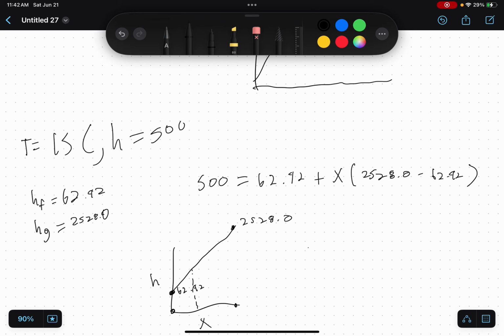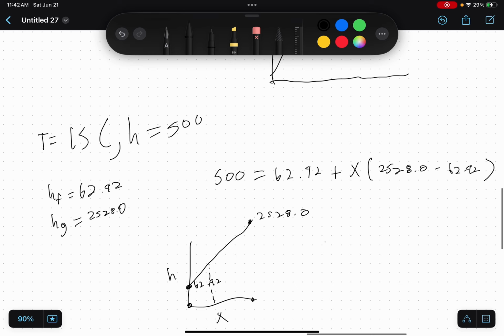500 minus 62.92 is 437. 437 equals quality times 2528 minus 62.92, which is 2465.